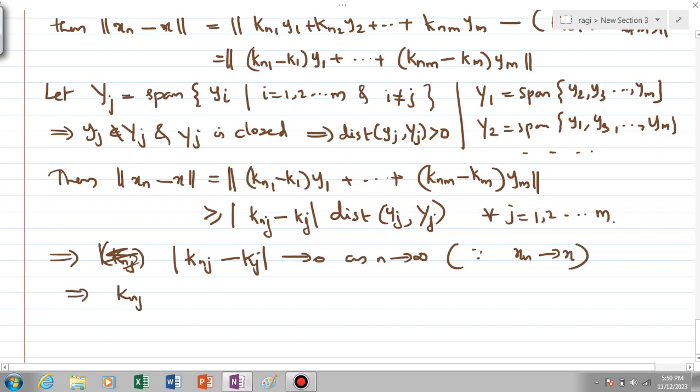This implies knj converges to kj for every j equal to 1 to m.